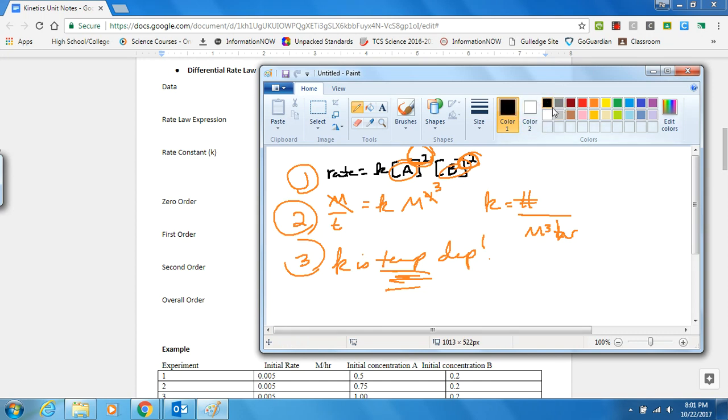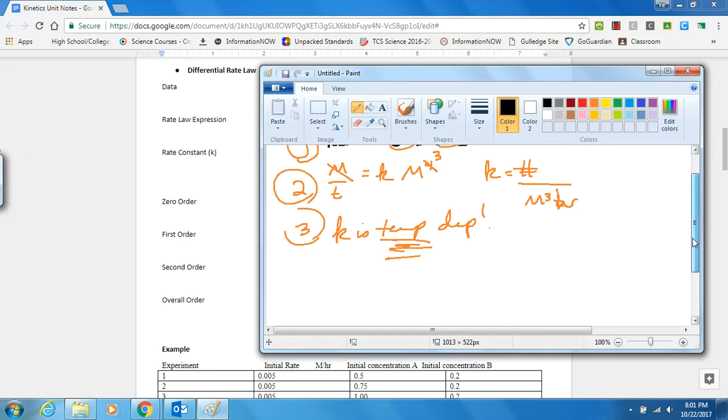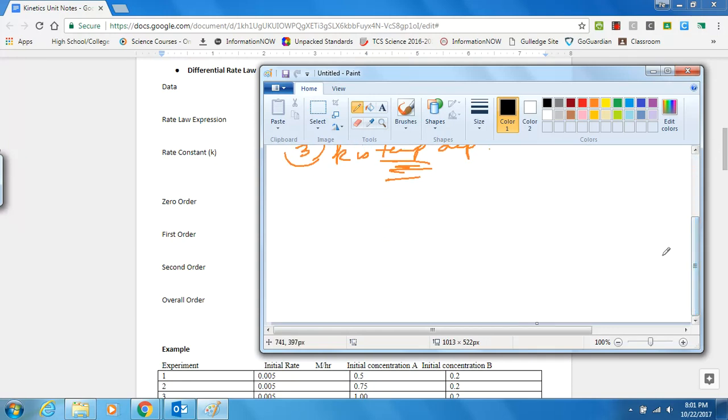So what I want to do is look at this real quick and figure out what is zero order, what is first order, what is second order, what does that mean? So zero order means that a change in concentration has no effect on rate.